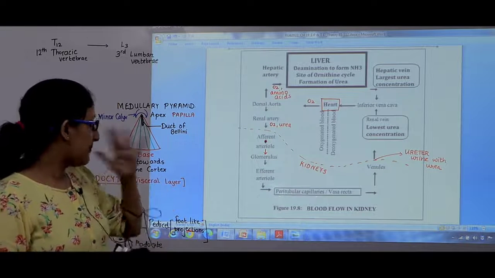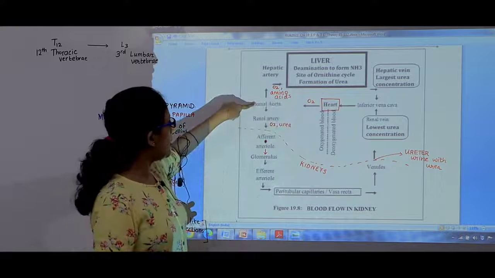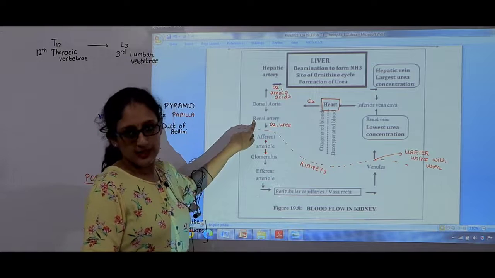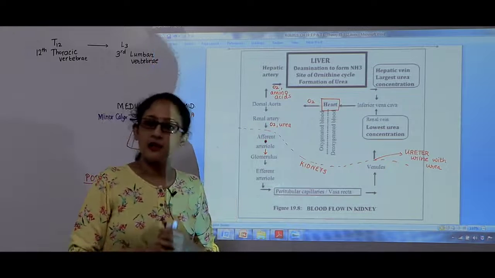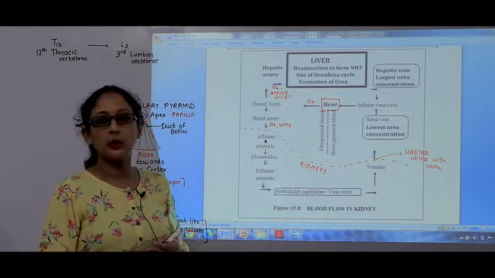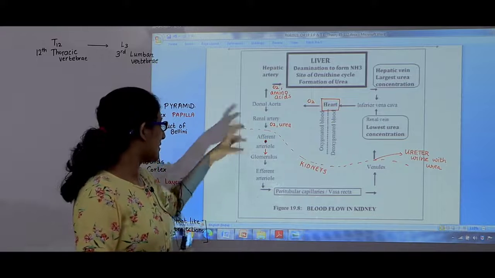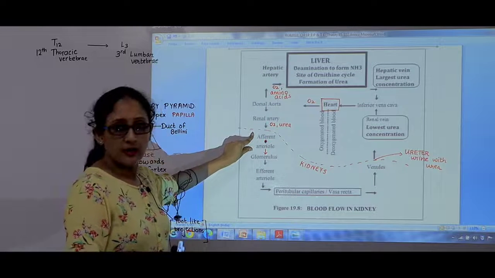So one last time, from the heart, the dorsal aorta gives two branches called the renal arteries, which enter each kidney. That one renal artery entering the kidney divides into 1 to 1.2 million nephrons. For the nephrons, you have the afferent arterioles.